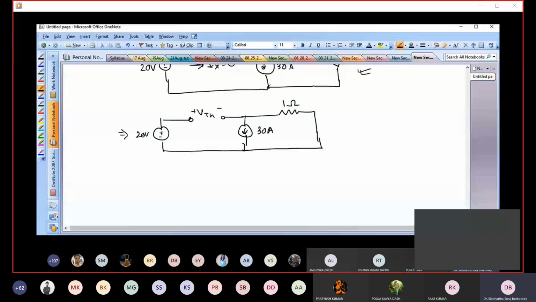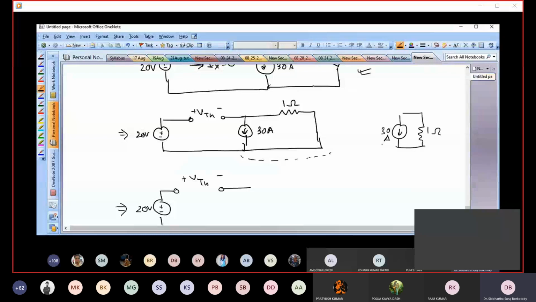The 20 volt source remains the same, but this whole part, the 30 ampere current, is in parallel with a 1 ohm resistor, right? So this is 30 ampere.